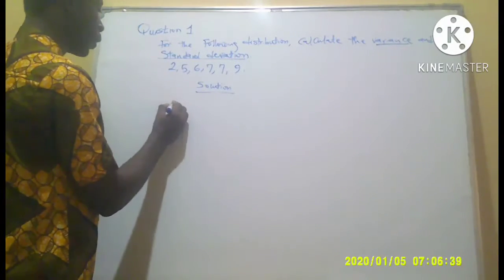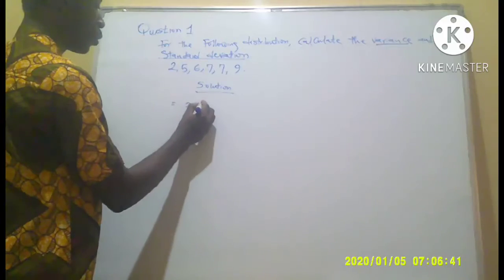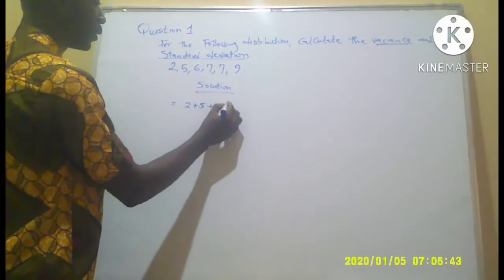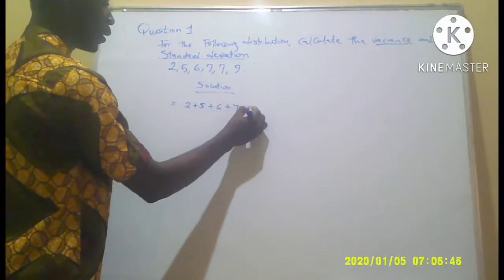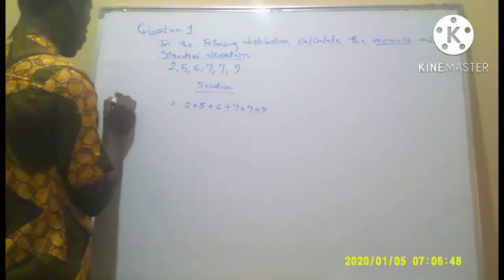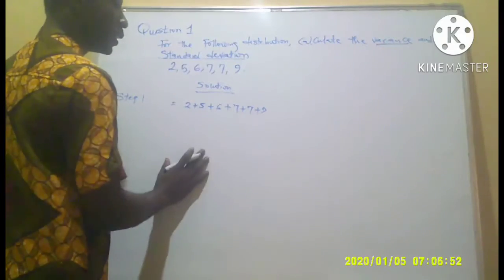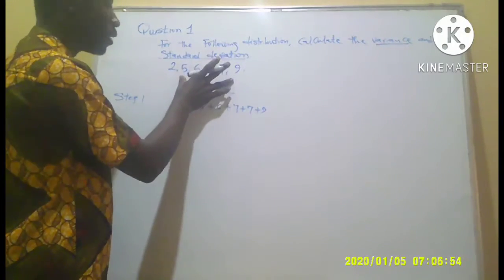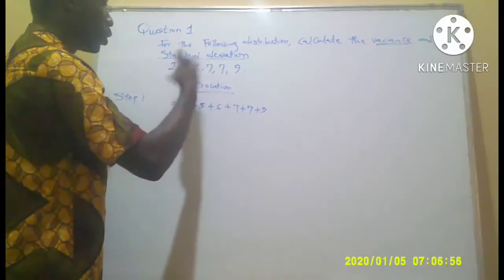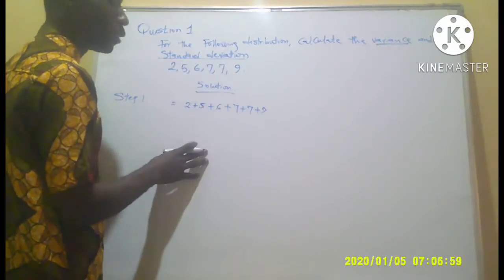It's going to be 2 plus 5 plus 6 plus 7 plus 7 plus 9. The first step is adding up all the data together because it has no frequency, so each of the numbers can be added together.